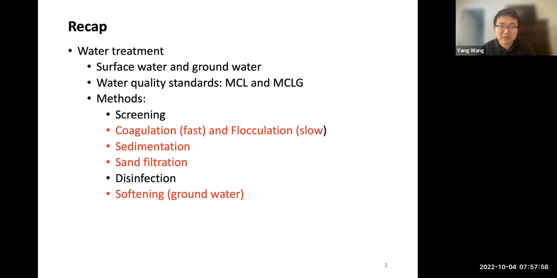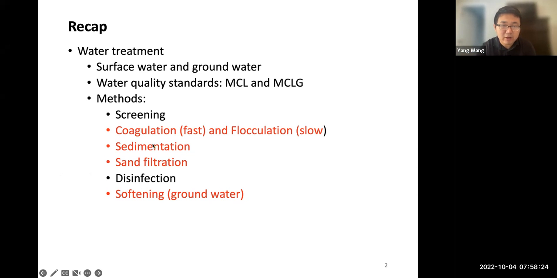Sedimentation removes these larger particles based on gravity. Sand filtration removes the remaining smaller particles. And disinfection is where you add chlorine into the water, because you need to have some residual chlorine in the water before we distribute it to the households.